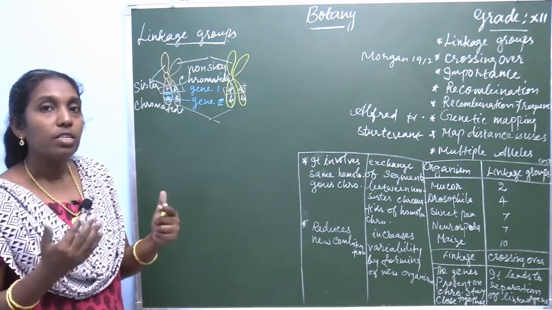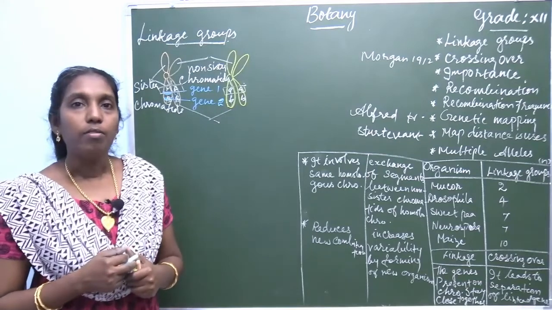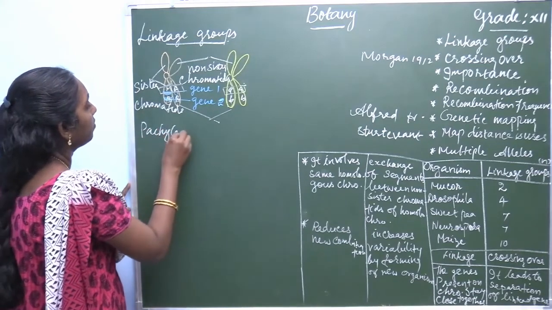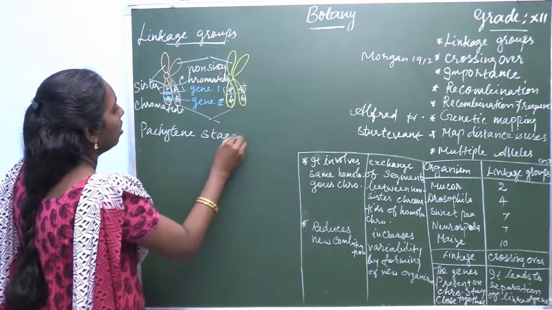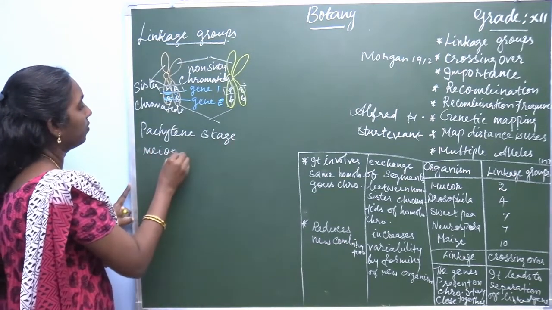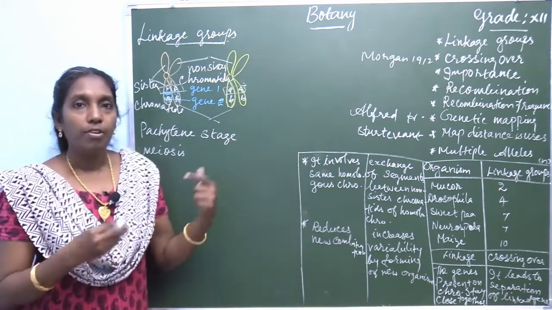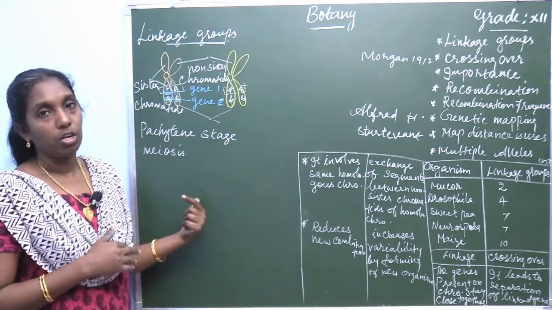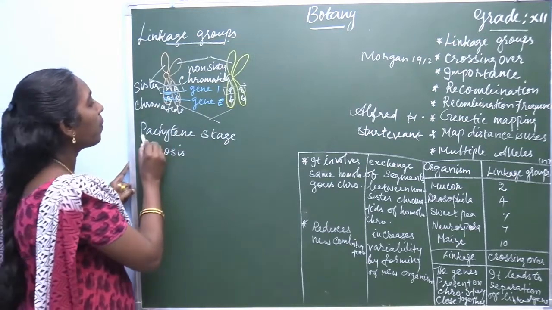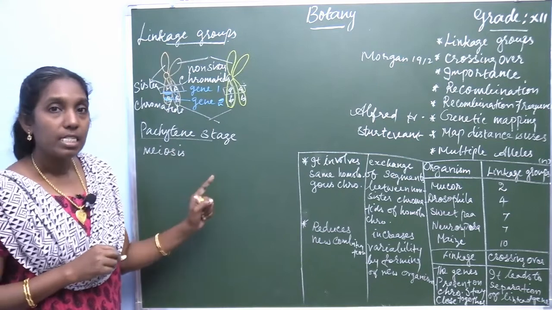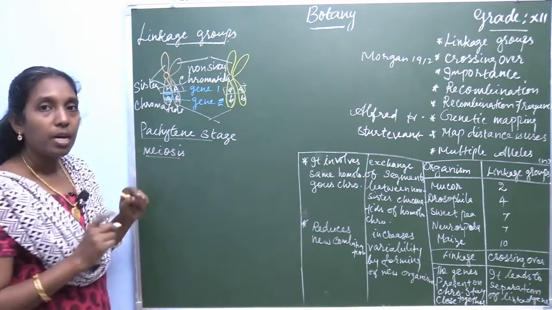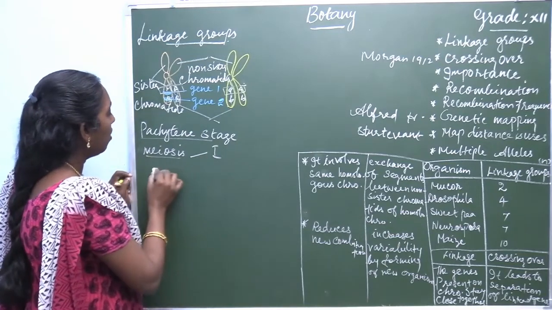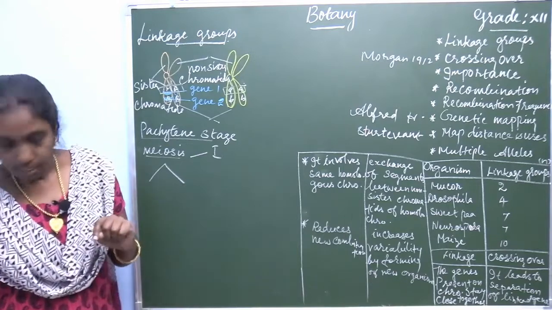Crossing over takes place at the Pachytene stage of meiosis. Before studying the mechanism of crossing over, let's see the stages in meiosis. Meiosis takes place in two stages, meiosis 1 and meiosis 2.